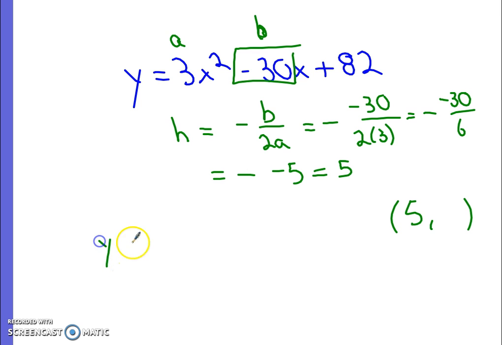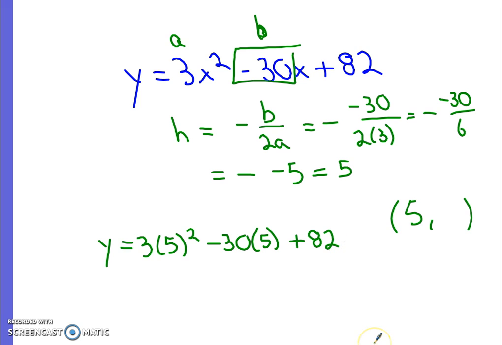So here we go. y is going to be 3 times 5 squared minus 30 times 5 plus 82. Okay? So this will work fairly nicely here. When it's all said and done, you just find the y-coordinate by tossing the x-coordinate in for x in both places and calculating.